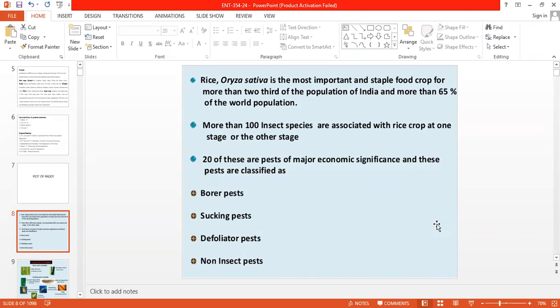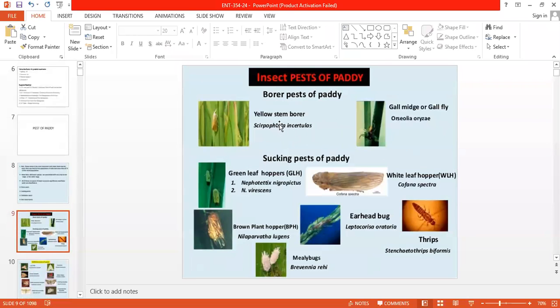Out of that, 20 insect pests are of major economic significance, and these pests are mainly classified as borer pests, sucking pests, defoliator pests, and non-insect pests. Among borer pests, mainly yellow stem borer and gallmidge, also called gallfly. Among sucking pests: green leafhoppers, white leafhoppers, brown planthoppers, mealybugs, and earhead bugs. These are the major sucking pests of paddy.